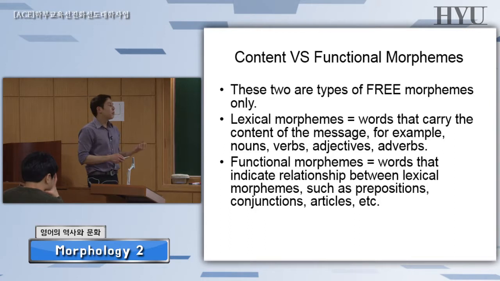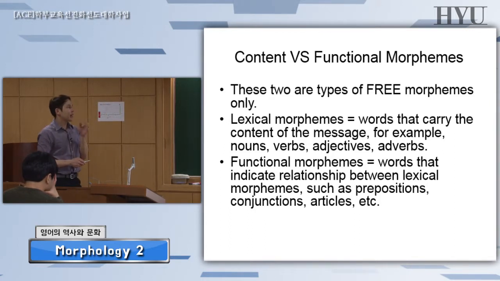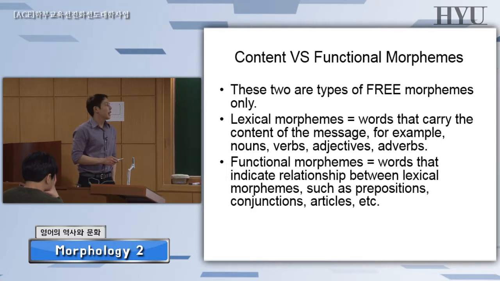And finally, you might hear 2 more ways of categorizing morphemes: the content and the function morphemes. I believe I mentioned this in passing. Content morphemes are what we call the content words, words that carry a lot of meaning. But function morphemes are morphemes that do only grammatical functions.